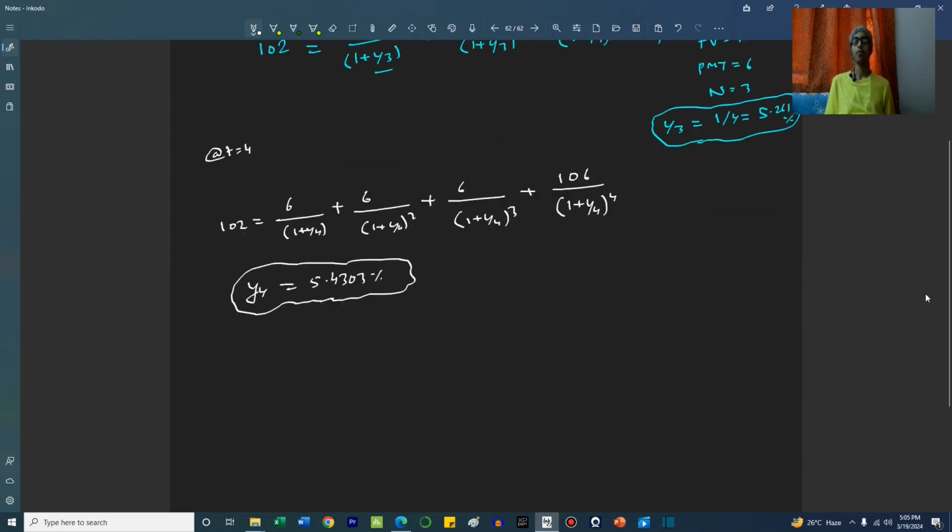Similarly, we can easily find out y5, which will come to be 5.5312.